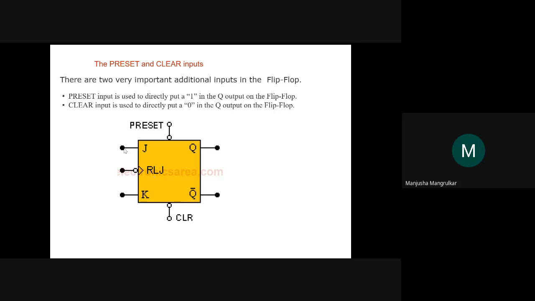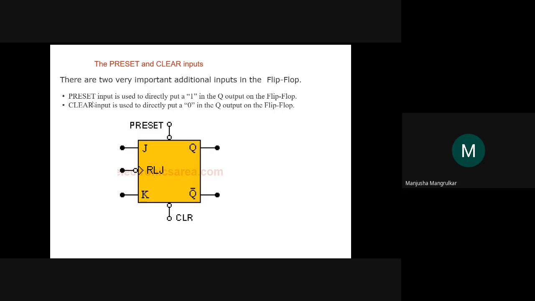Now the inputs are S, R, J, K, whatever, and the clock is an input. One more concept is there, the preset and clear, right? Now these two are very important additional inputs in the flip-flop, right? These two are added into the flip-flop, preset and clear.